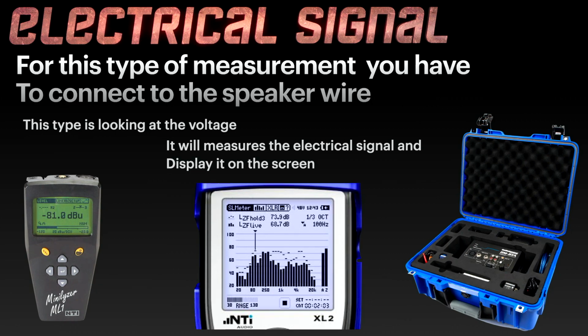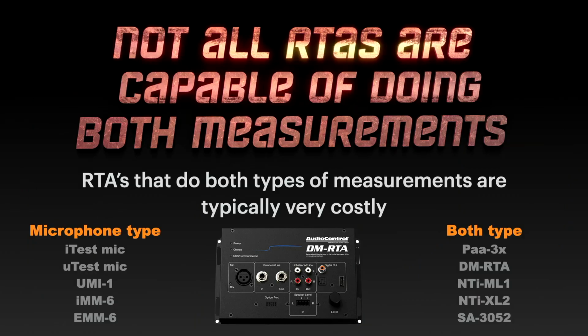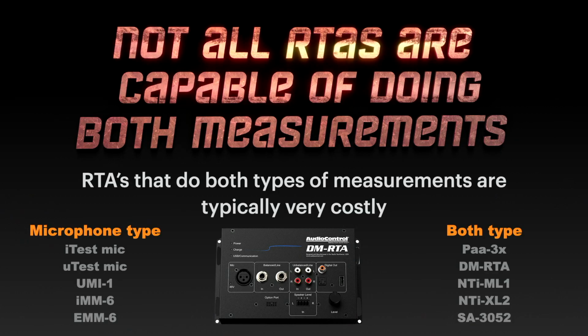And of course, our favorite, the DMRTA Pro Kit that has all the bells and whistles in it. Not all RTAs are capable of doing both measurements. This is important. Not all RTAs can do electrical and audio signals. Those first ones we saw, the handheld ones, will do both, but the one on the laptop is only designed to do acoustical. Back to the laptop.